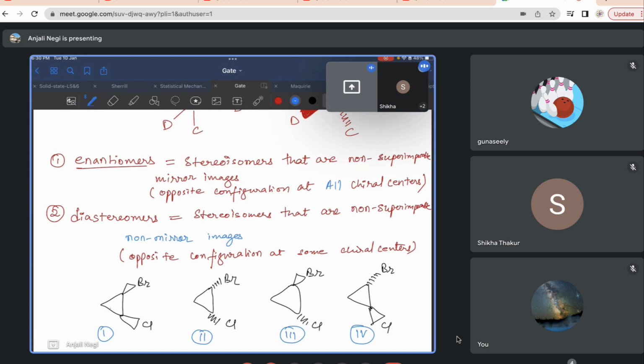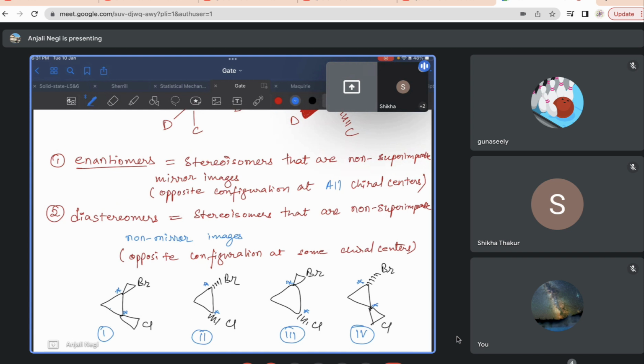if you look at the first and the second one, we know that this is a chiral center, this is a chiral center, so they do have stereoisomers.